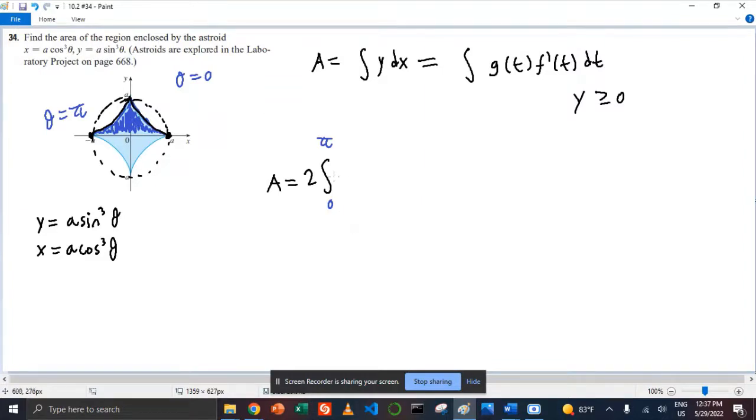So let's put in our value for y, a sine cubed theta, and let's find dx. We have to write it as a differential. Dx is just going to be equal to the derivative of this, which is negative 3a cosine squared theta sine theta, multiplied by the differential d theta.